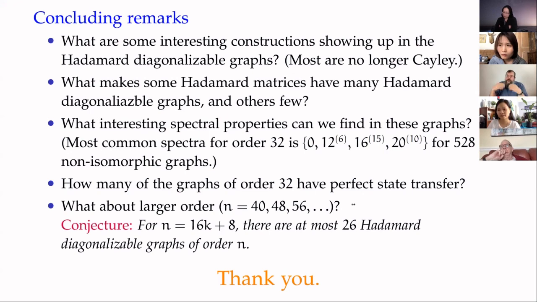And so I started going through, and I was like, oh, wait a second, there's one extra here that doesn't seem to belong. I finally figured out what was happening: it turns out that for order 32, there are two different Hadamard diagonalizable graphs of order 16. They're distinct, and their union is Hadamard diagonalizable for order 32.